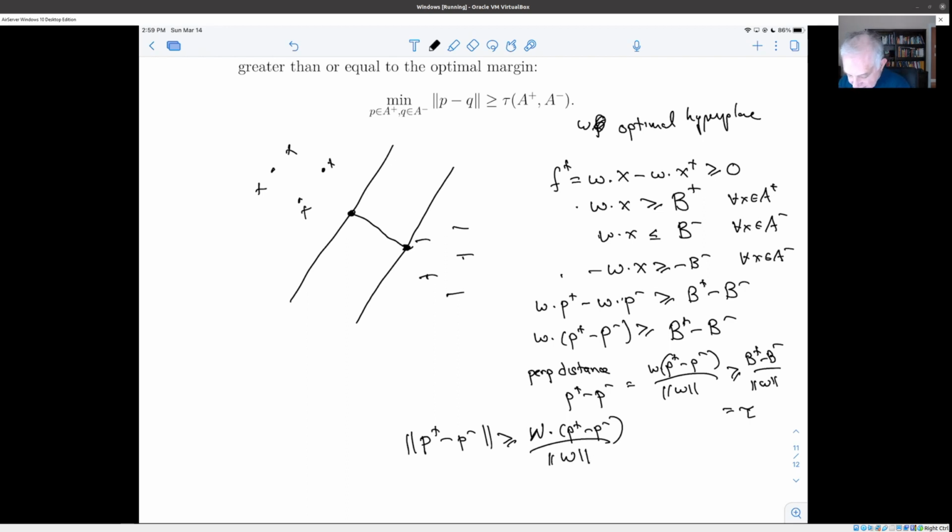This is the length of P plus minus P minus times the cosine of the angle between P plus minus P minus and W. And this is just the distance from P plus to P minus. So the distance between the closest points is always bigger than or equal to the margin. But it's not always equal to the margin.